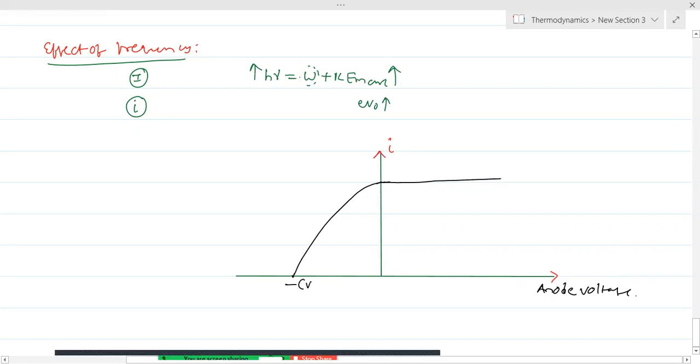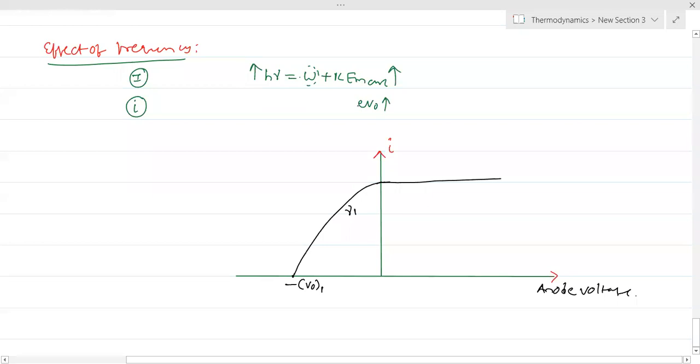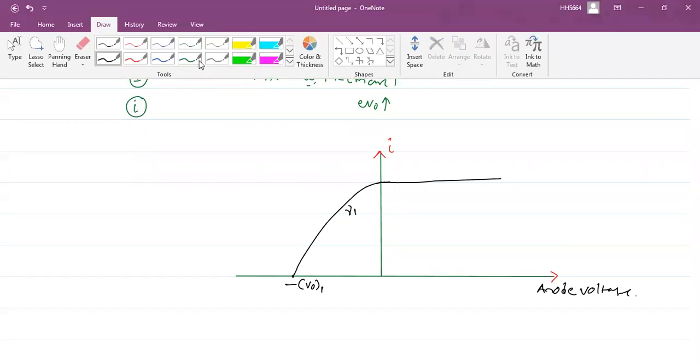This is minus V0. This is the situation for a frequency nu1, let us say, so the stopping potential is V01. We have just discussed that as the frequency increases, the stopping potential also increases.